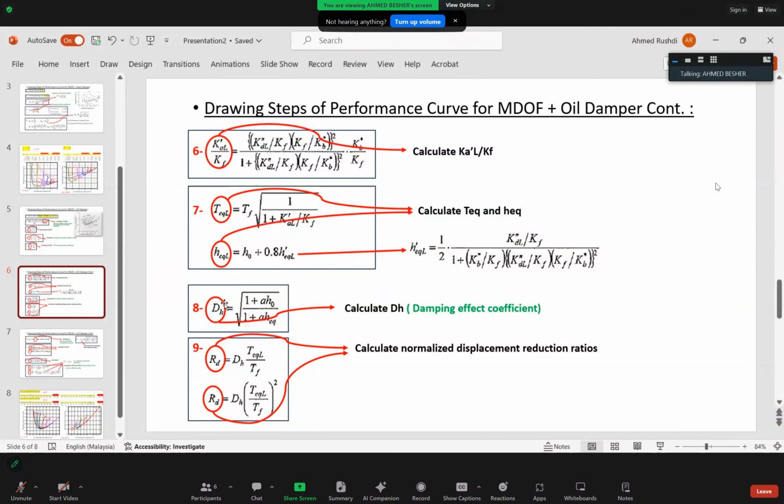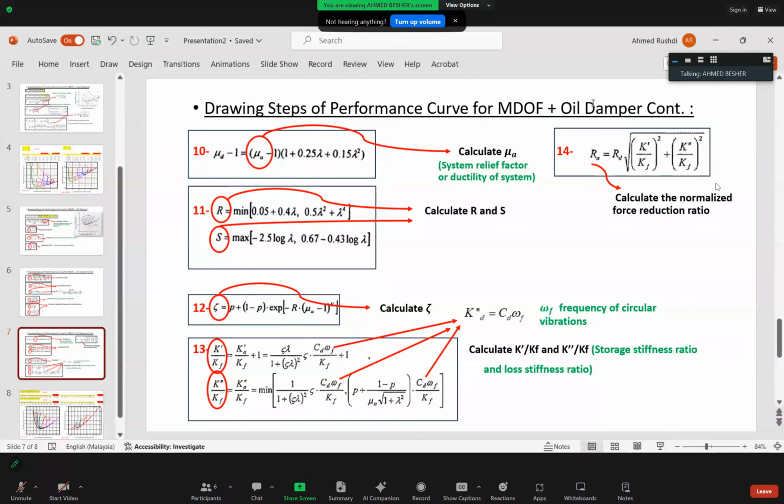The same procedure now as steel damper, and then get the normalized displacement reduction ratios. This is if the velocity response is constant. To get the reduction ratios if the acceleration response is constant, we need to get first the relief factor, or we call it ductility of the system.